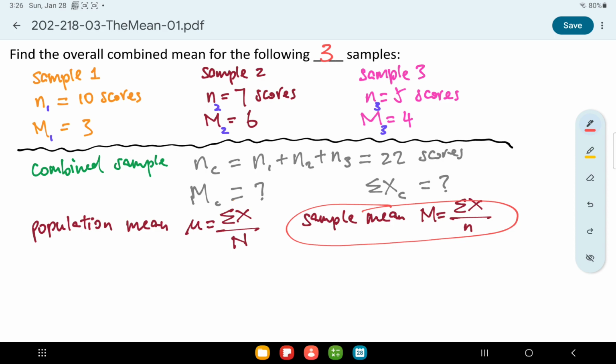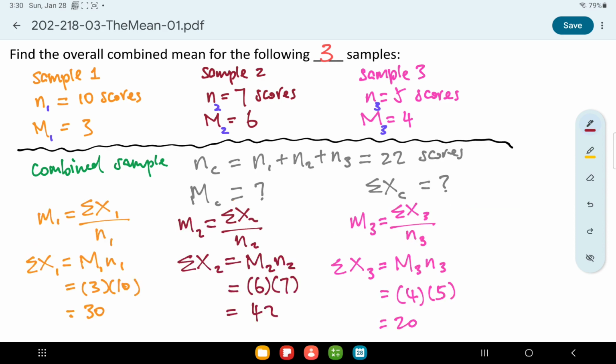Capital M equals summation of x divided by small letter n. Okay? Now, I've done the work for you. If we rearrange the formulas to give us summation of x in all 3 samples, we're able to figure out the summation of x by multiplying, for each of the 3 samples, the mean and the sample size.